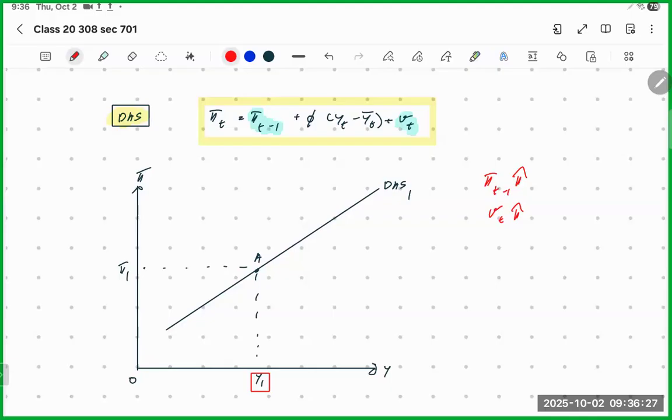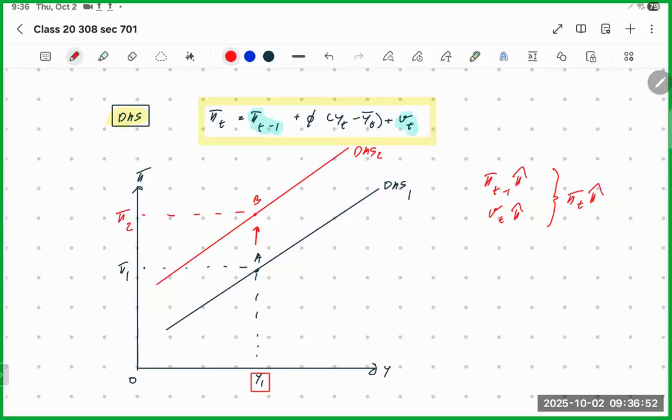All of this is going to make the right-hand side of the equation higher. Then the left-hand side is going to be higher, which means everything is going to be more expensive today. Pi t increases, which is going to shift the dynamic aggregate supply up from A to B. Inflation increases from pi 1 to pi 2.